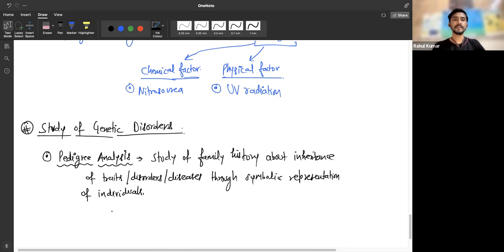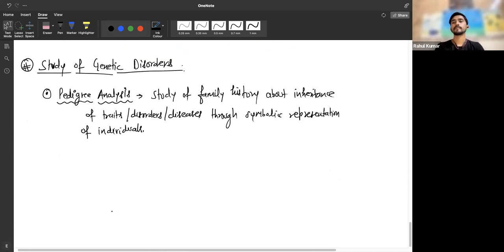Okay, that's called pedigree analysis. Is it clear, everyone?